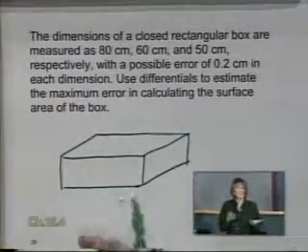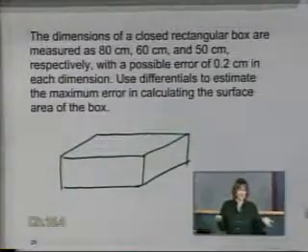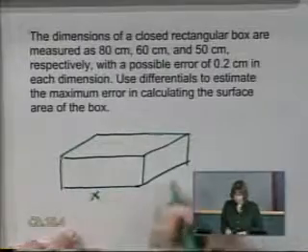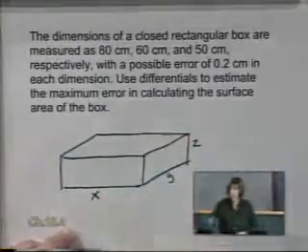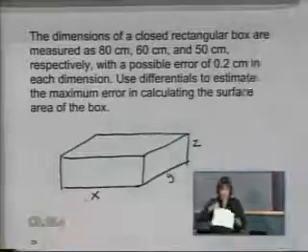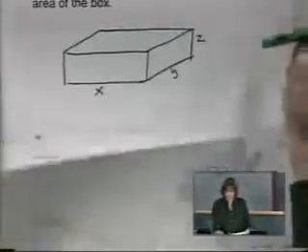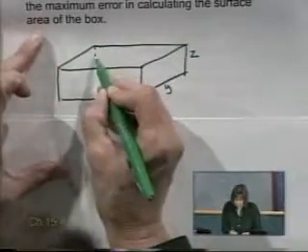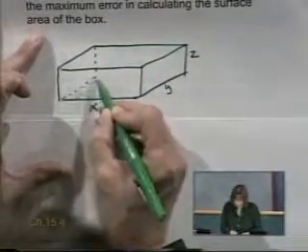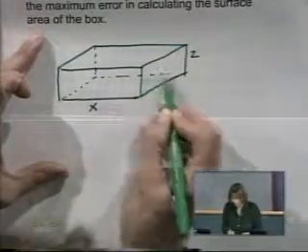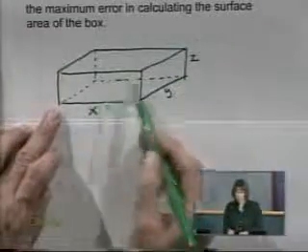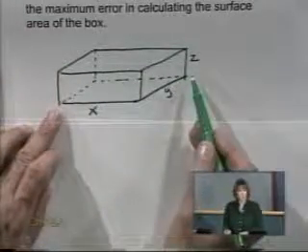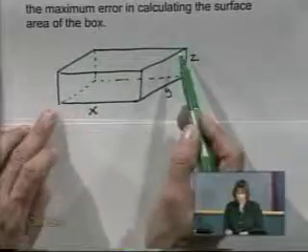Well, what are the dimensions of the box? We could use length, height, width. I'm going to use x, y, z because they're easier to write. Now we have to come up with a formula for the surface area of that box. Look at my box. Do you see you have a bottom whose area is x times y? And you have a top whose area is x times y.